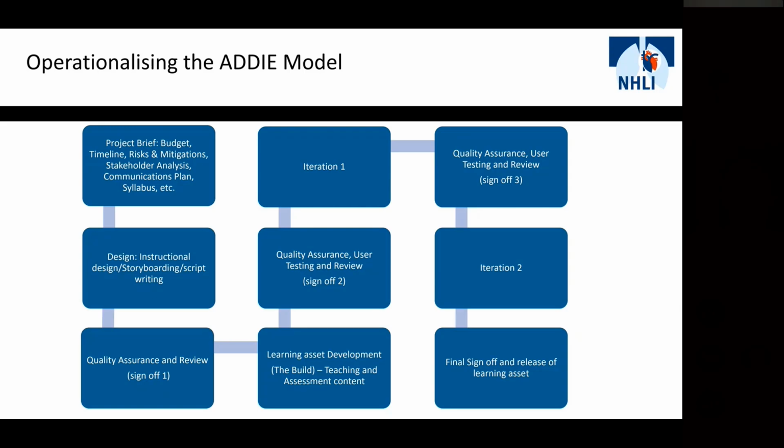Then we move on to the design stage where we have instructional design, storyboarding, script writing. And what we're looking to produce here, not only the individual storyboards for the learning assets and the module or program, but also a directory of sorts. So a list of learning assets, which can then feed into our project timelines.